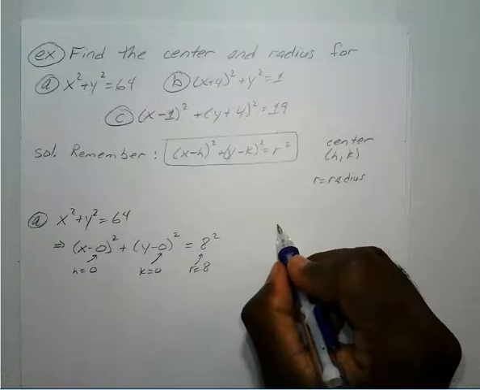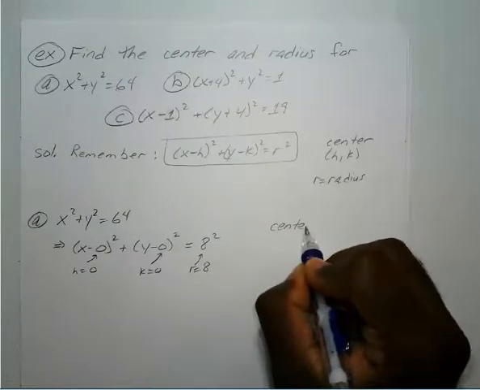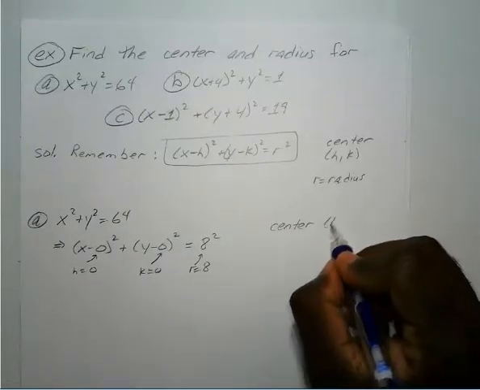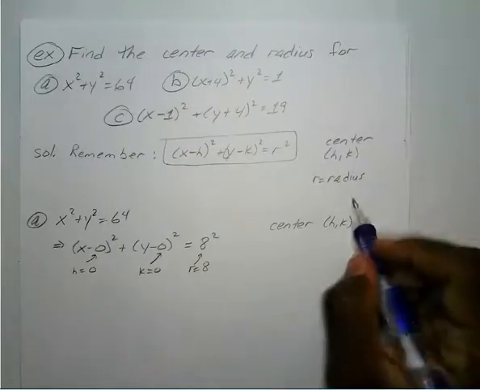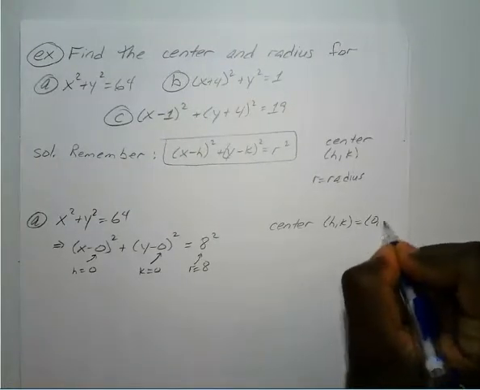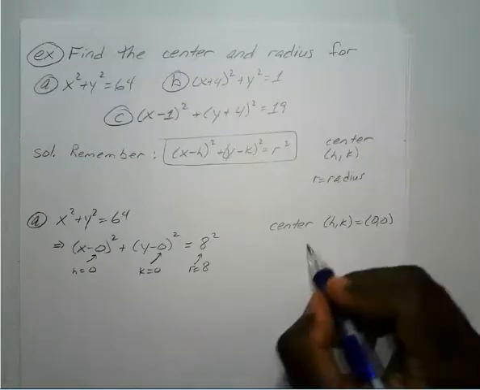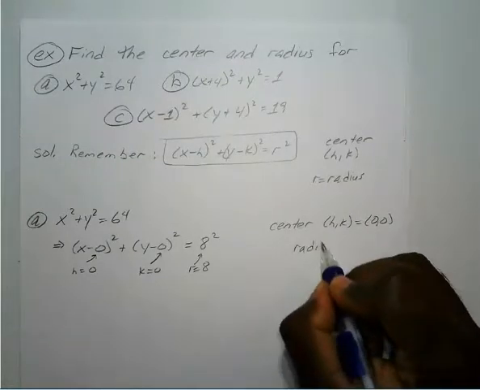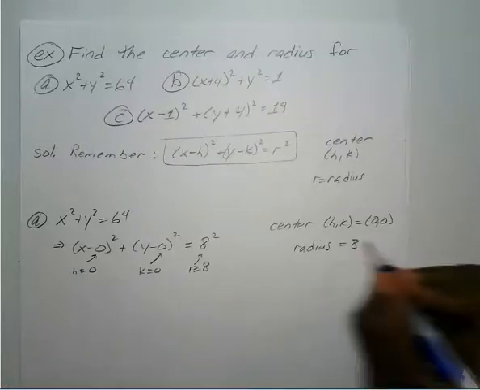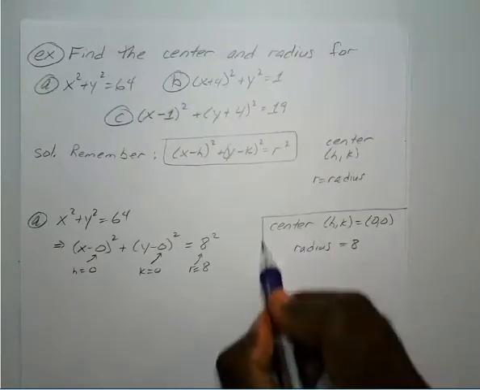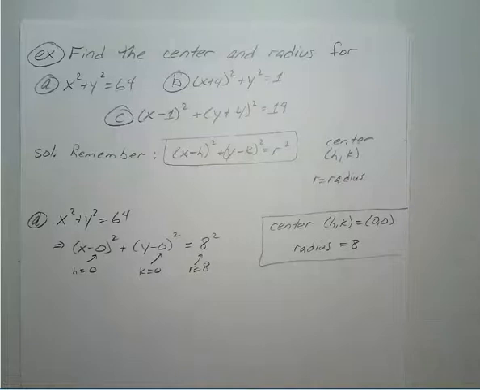Since our center is (h, k), we know it's (0, 0). And our radius, which is just r, is 8. So that's your center and your radius.